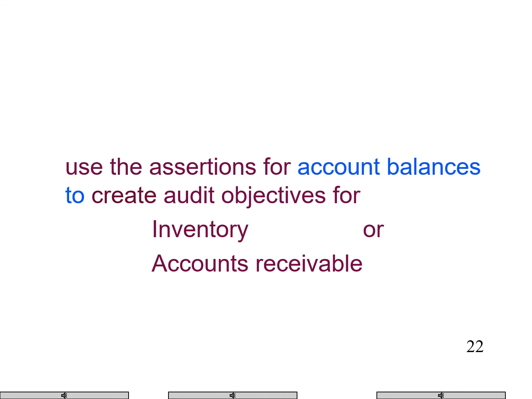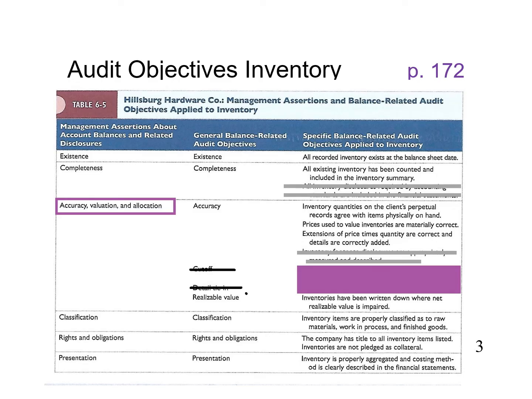We're going to use the assertions to create audit objectives for inventory or accounts receivable. Inventory is easier for me to think about. Existence, all recorded inventory exists at the balance sheet date. So all recorded inventory actually exists.